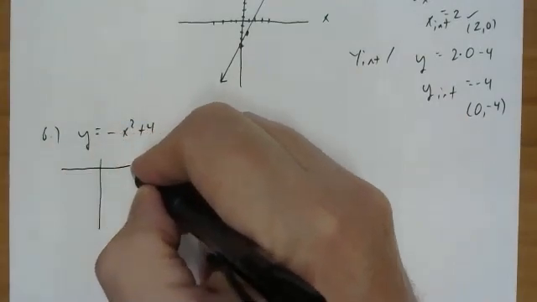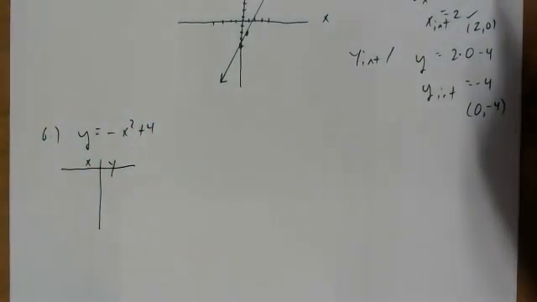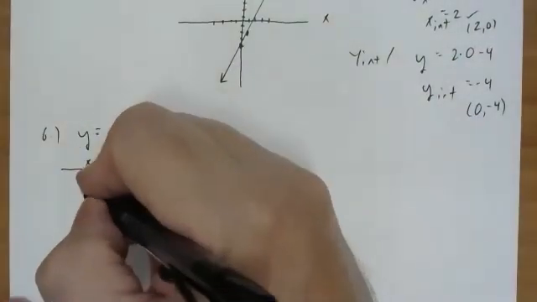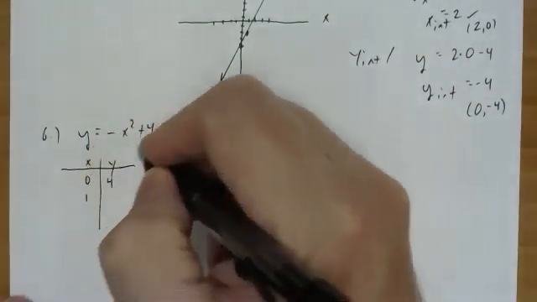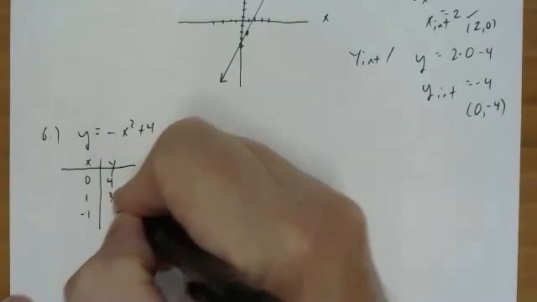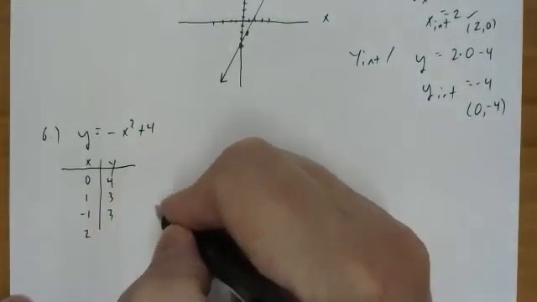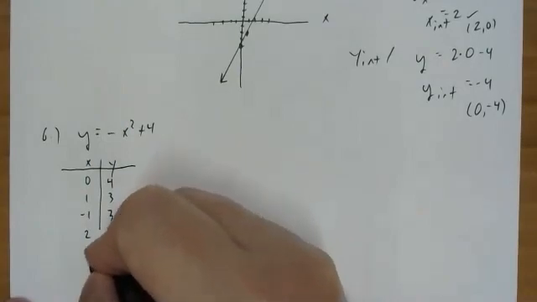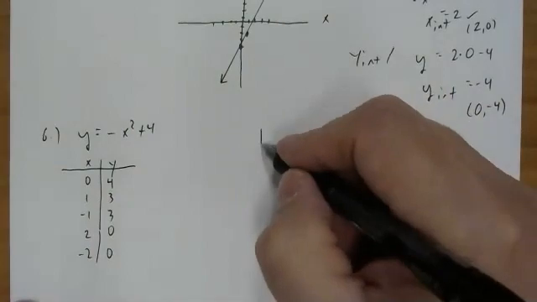So the thing you can always do is just start finding some points. So when x is 0, y is 4. When x is 1, y is 3. When x is -1, y is 3. When x is 2 or -2, y is 0. Let's see what that looks like.